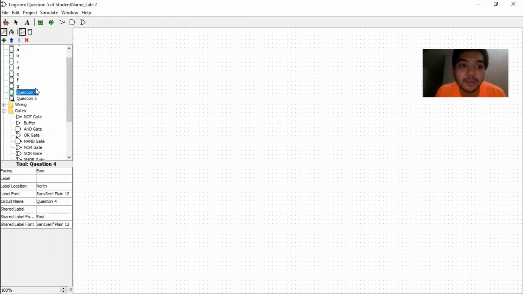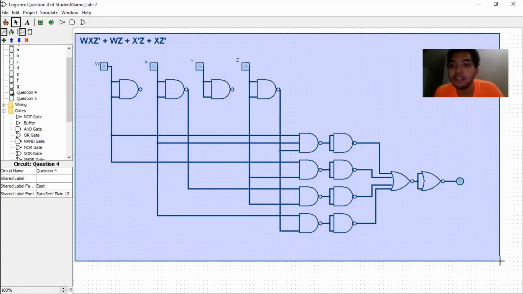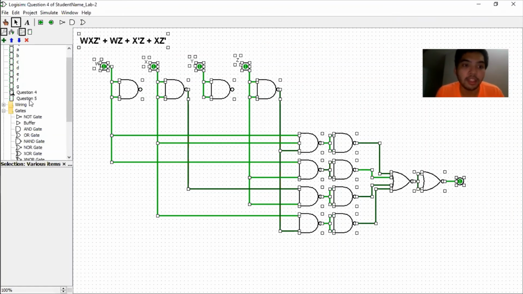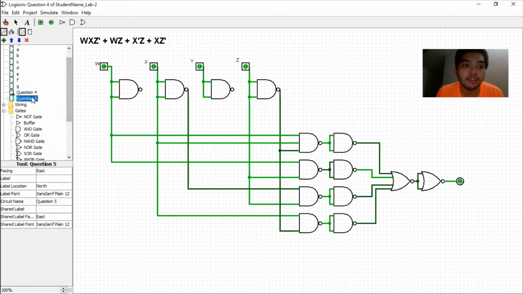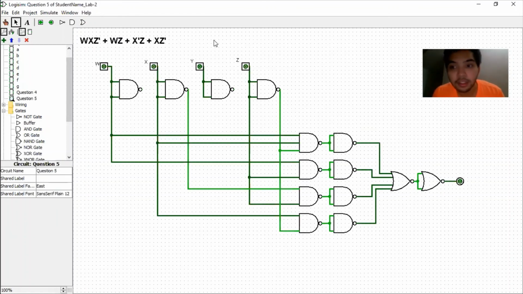So we're just going to again gather an equation of wxz prime plus wz plus x prime z plus xz prime. To answer question number 5, we can just copy the steps in question number 4. So that's it. Thank you.